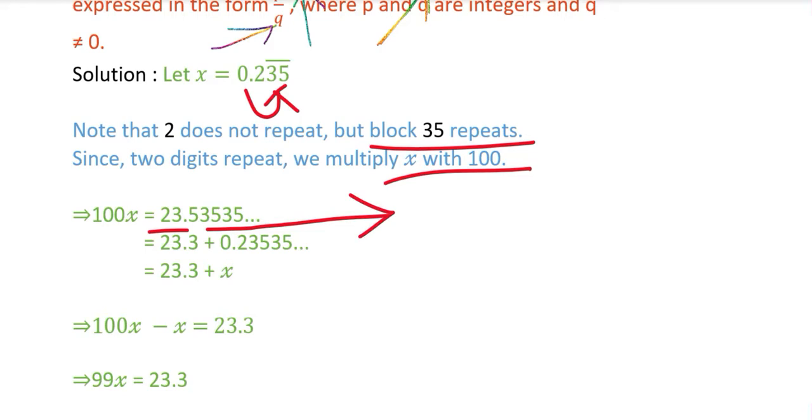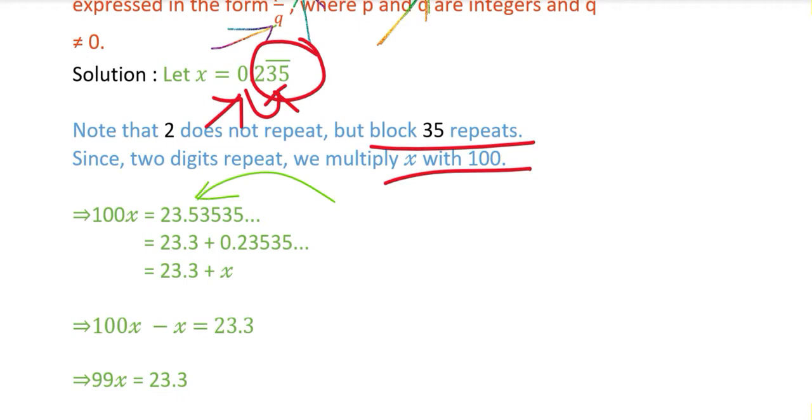Now here 35 is getting repeated. So what is the repeating part here? 2, 3, 5, right? We have 2, 3, 5. So at this portion we have 3, 5 तो मिल गया, पर यहाँ पे 5 मिल गया extra, right? So ये जो 5 मिला है यहाँ पे, what do we do with it?